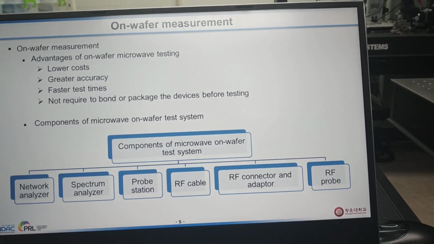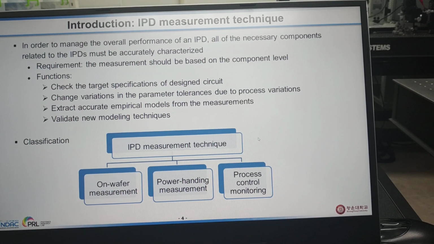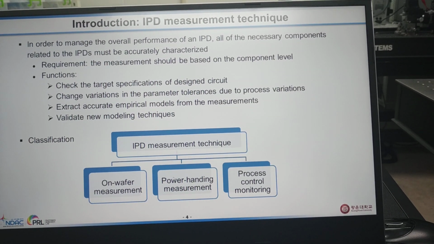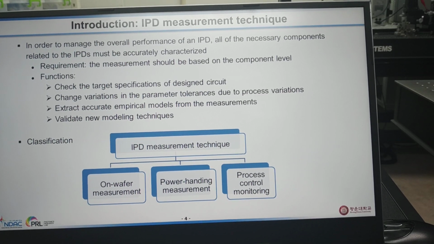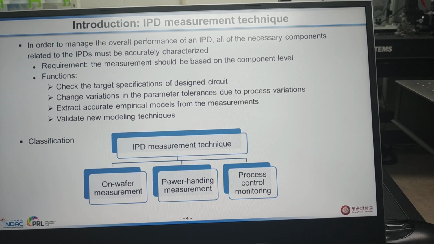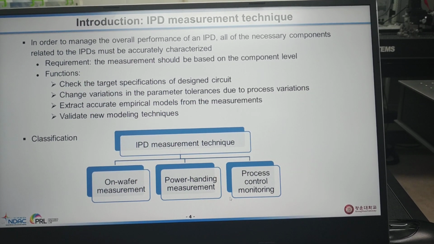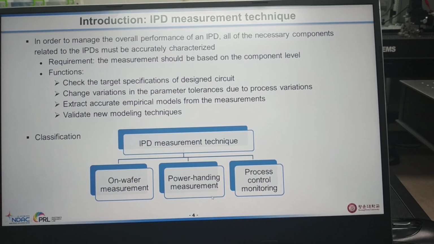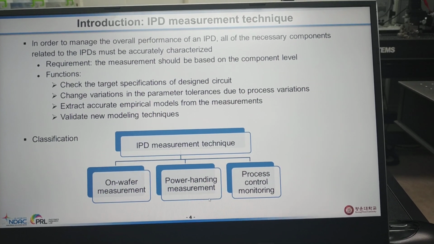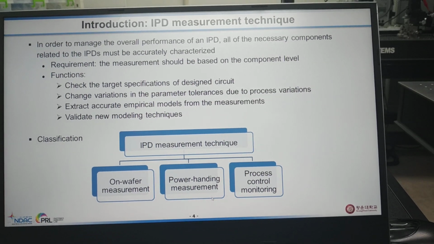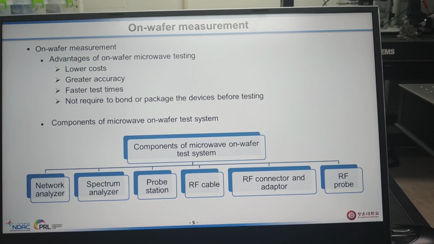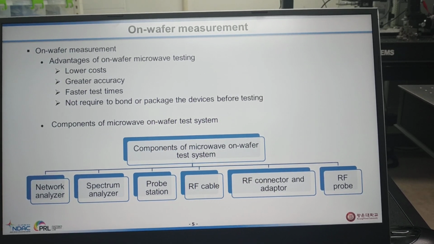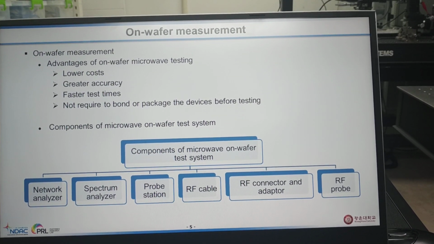Here I will show the three parts of the measurement. One is the on-wafer measurement, the second is power handling measurement, and the last one is process control monitoring. So the first kind of measurement is on-wafer measurement.